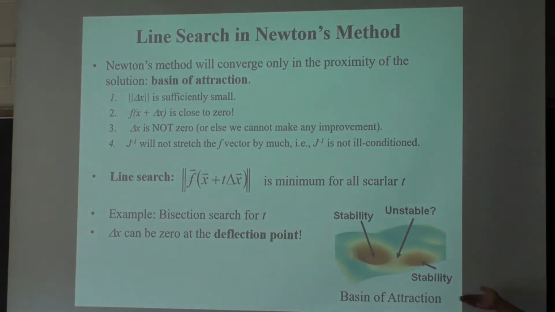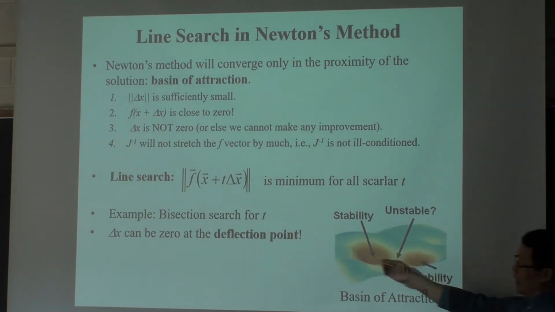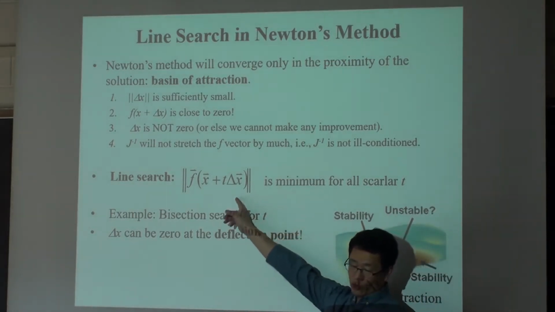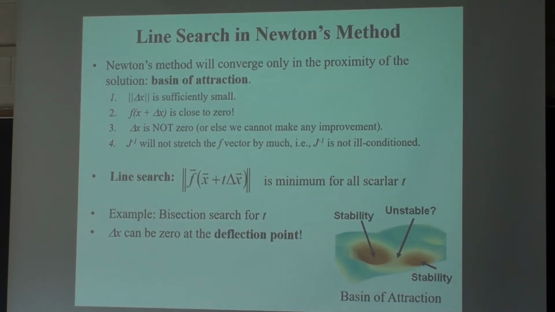If evaluation of f is expensive anyway, then this is the penalty. So this is without re-evaluating the Jacobian. I do a line search, but for each one, in order to know whether this is a good choice, you have to evaluate the residual vector norm. And that is a penalty.